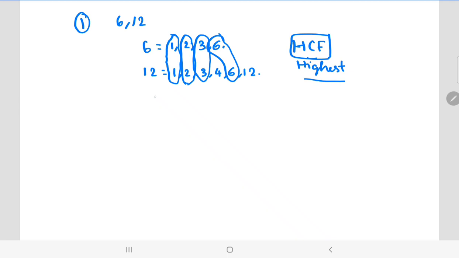So I can write the common factors of 6 and 12 as 1, 2, 3 and 6. So which is highest here? 6 is the highest. So the highest common factor of 6 and 12 is 6. Okay, so this is how you find out HCF of two given numbers.